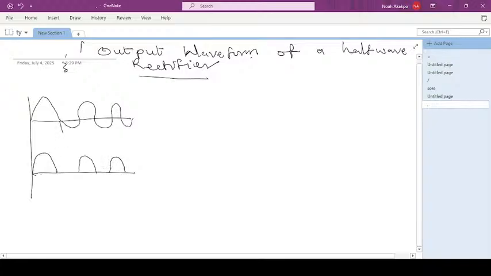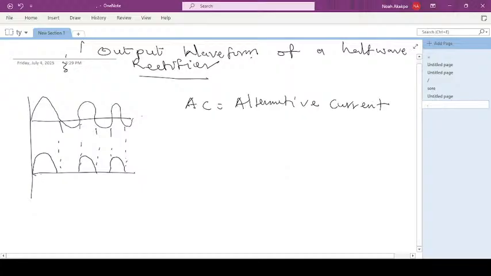This is known as a pulsating DC voltage, from an AC input voltage. Now, we know that AC is the abbreviation for alternating current, which is a current where current flows in the positive and the negative in a sinusoidal manner.